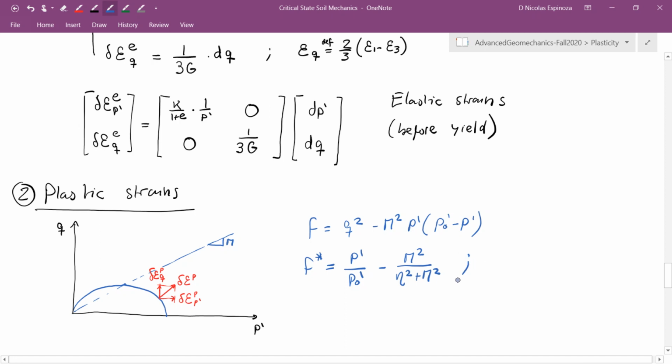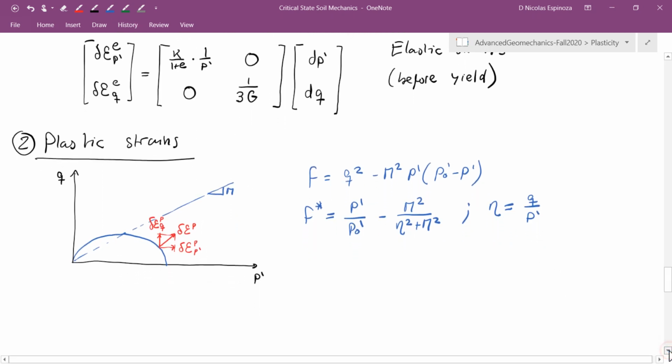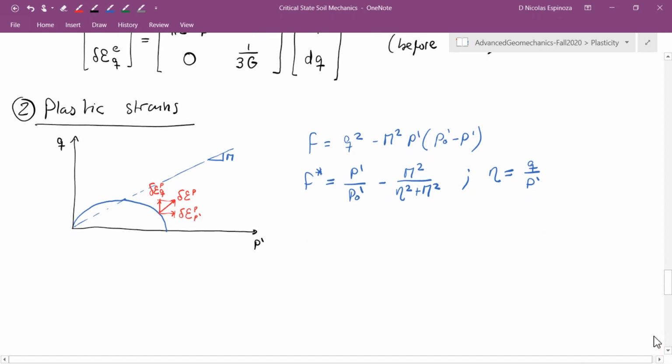All right, so this is the equation, and here eta is going to be q divided by p prime. All right, let's now go ahead and calculate the derivatives, because once we have the derivatives is how I'm going to continue and apply the flow rule.